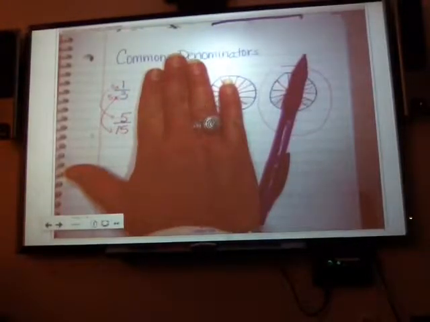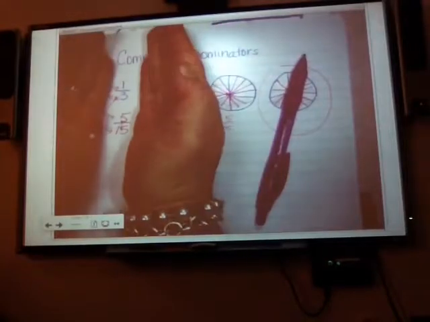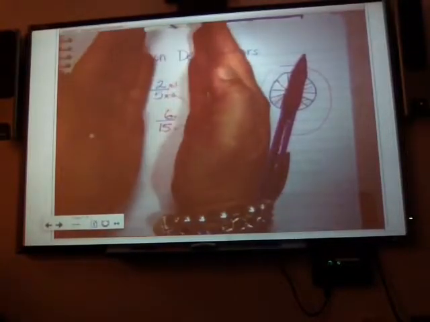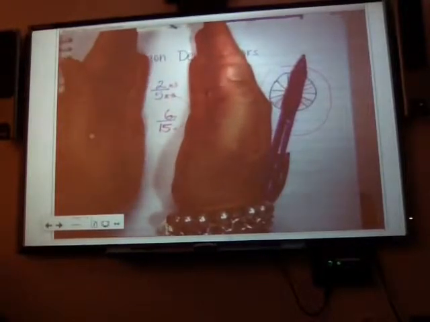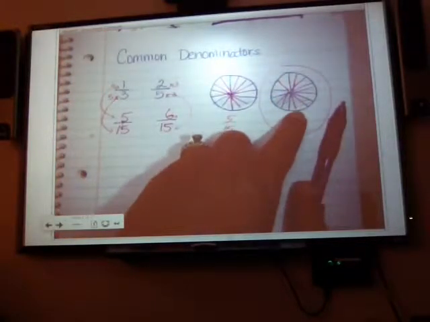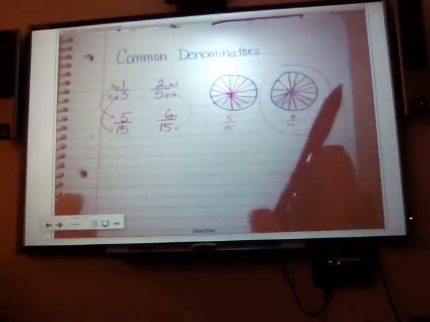What did I make? Common denominators. Yes, we all made them common denominators, but the relationship of these versus these. What is 2/5 in 6/15? Equivalent. Good. Which is a fancy word for what? Equal. 6/15 is the exact same as 2/5.